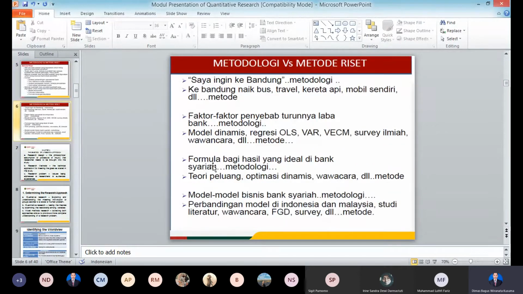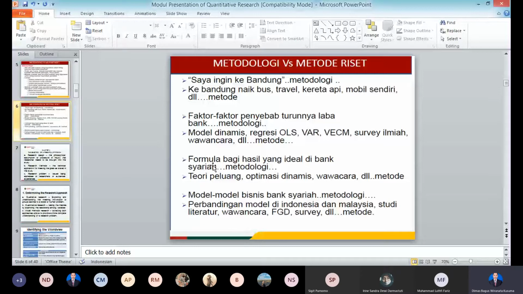Next one. This is just a simple example. "Saya ingin ke Jogja." This statement is considered to be methodology. You have the direction, you have the perspective: I want to go there. If you go to Yogyakarta by bus, by train, by travel, by your personal car and others, those are considered methods.